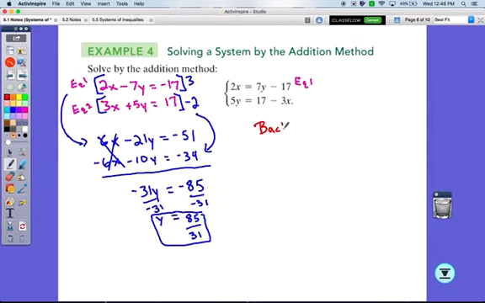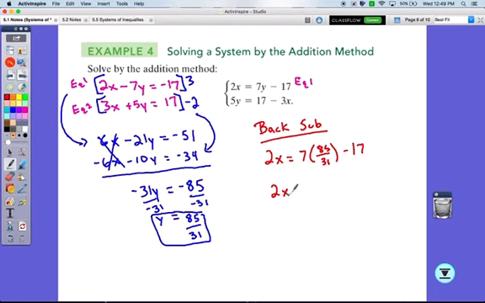Sometimes your answers could possibly be horrible fractions. All right, if I back substitute, I like equation 1 because that y is over here on the right. I don't have to move stuff over and over. So I have 2x is equal to 7 times 85 over 31 minus 17.